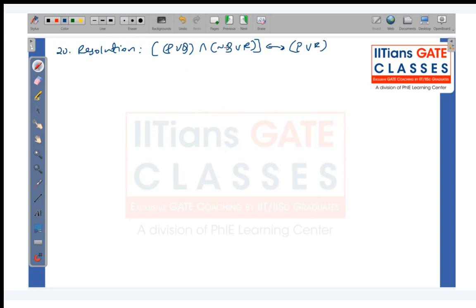Is it clear, this law of resolution? Between P and Q, at least one is true. Between negation of Q and R, at least one is true. So Q and negation Q, both of them I can see here.